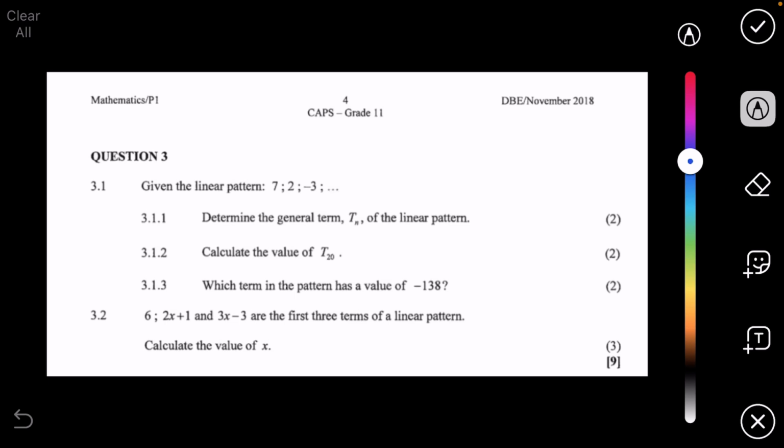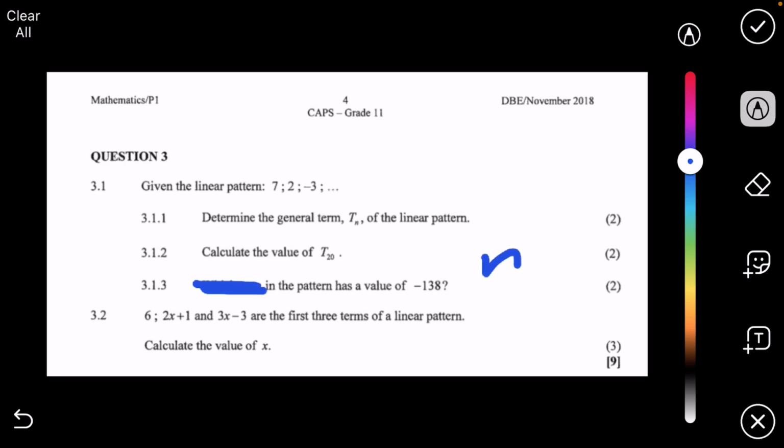So they're saying which term in the pattern has a value of that. If we remove that, we remain with: in the pattern has a value of that. Normally, as you do more of these questions, you realize that when you have that, it means they want you to calculate the n value.